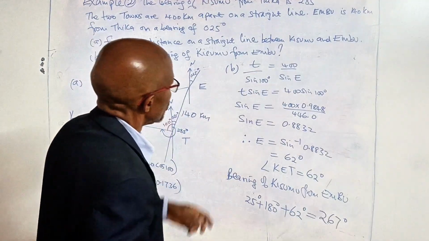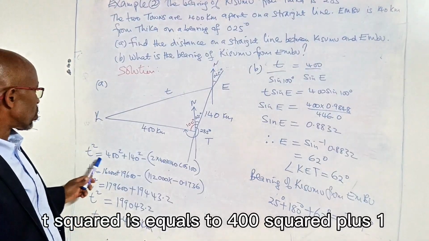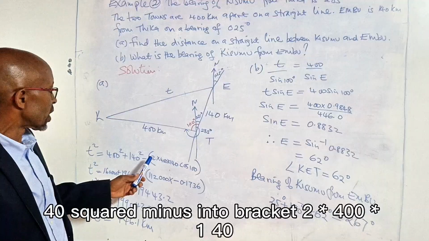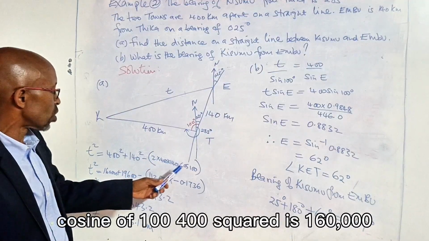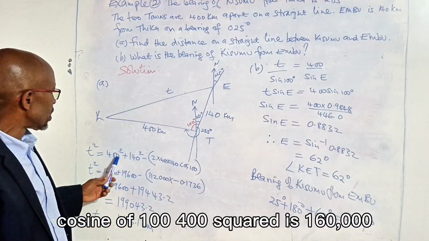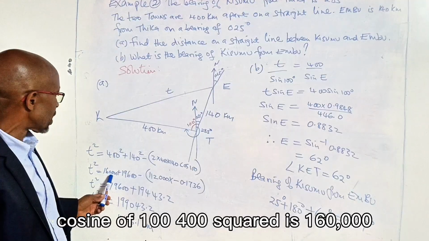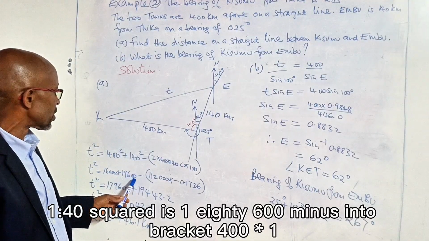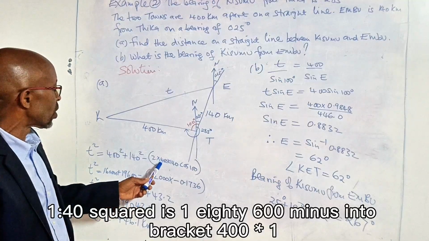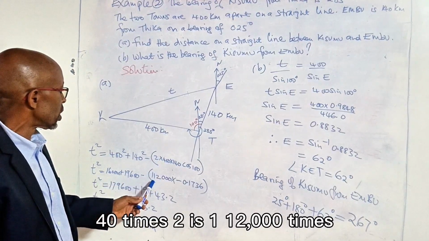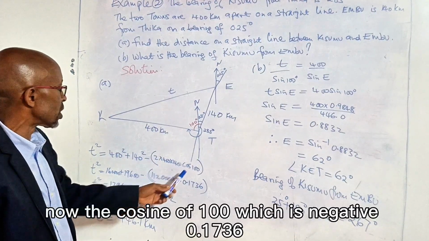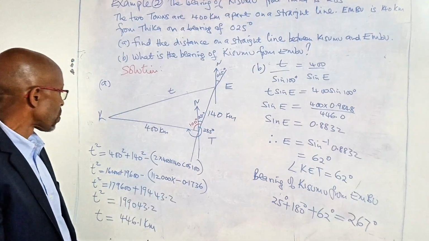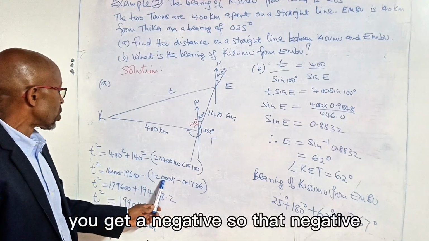What is the bearing of Kisumu? t squared is equal to 400 squared plus 140 squared minus, in brackets, 2 times 400 times 140 cosine of 100. 400 squared is 160,000. 140 squared is 19,600, minus, in brackets, 400 times 140 times 2 is 112,000, times now the cosine of 100, which is negative 0.1736. When you multiply this one, you get a negative.